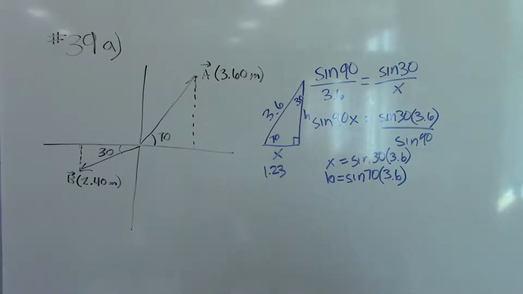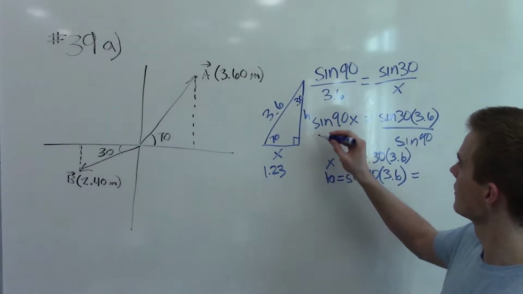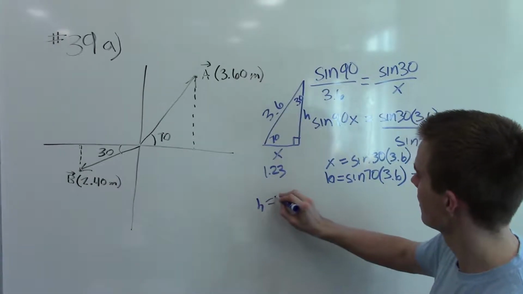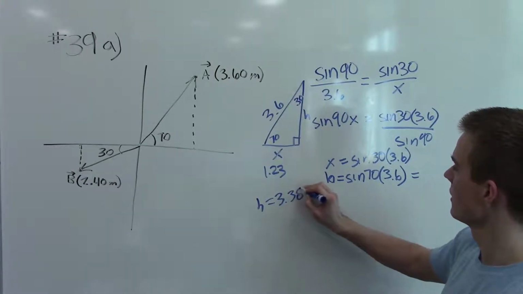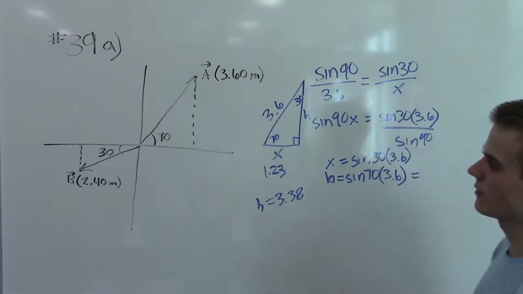And that comes out to be 3.38. So h equals 3.38. We just solved for that triangle, and then you would do the same thing for this triangle.